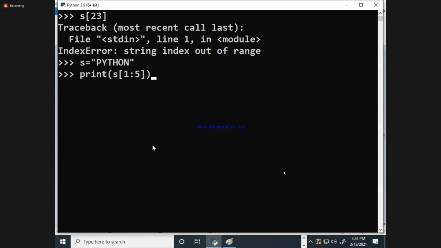Condition is satisfied, 1 less than 5. From where? 1 to 5 minus 1, that is YTHO. Now I am writing 5:1. Is condition satisfied? No. Why? 5 less than 1 is false. False means no output.